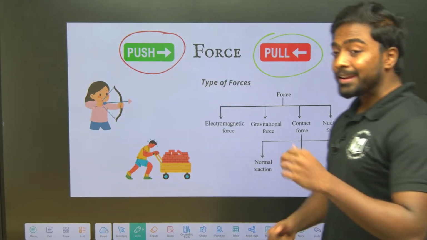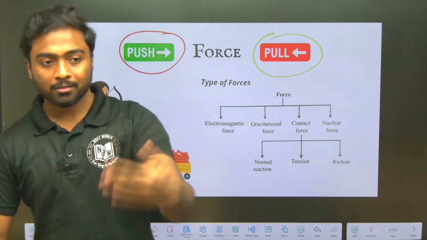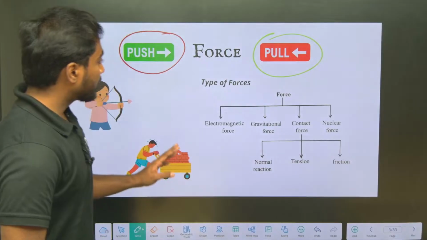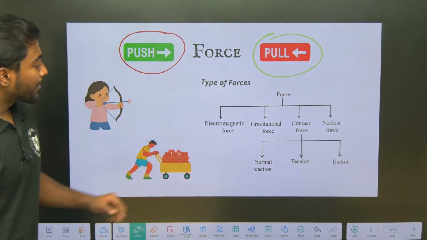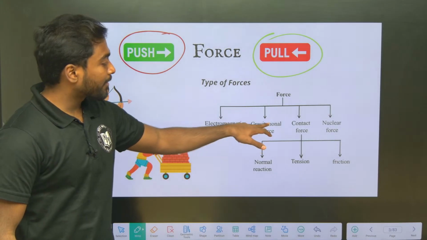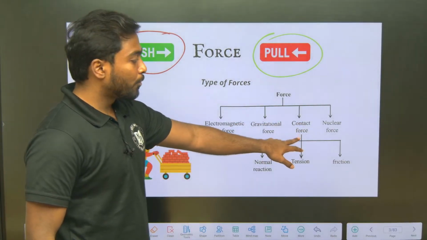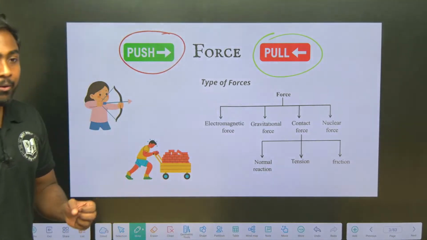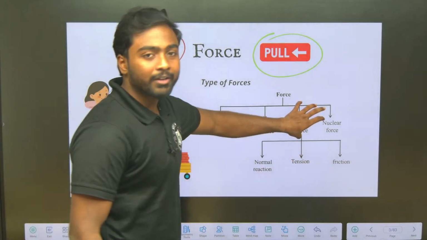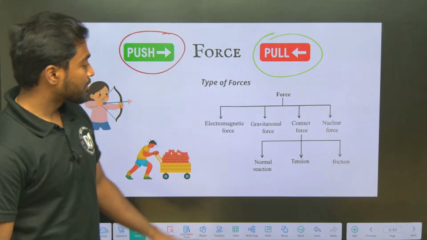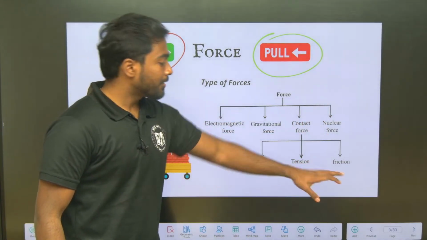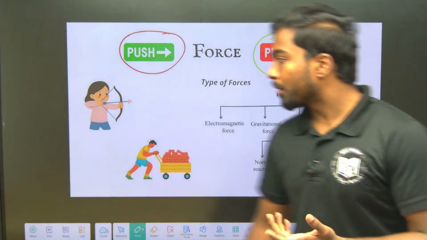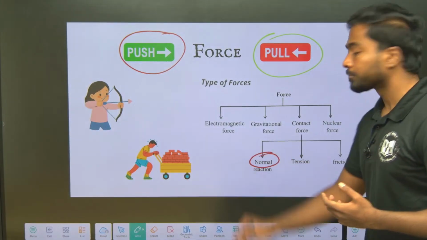In day to day life we have come across force. But what are the types of force? There are different types of force. One is electromagnetic force, next is gravitational force, contact force and nuclear force. Particularly in this lesson we will discuss the contact forces, which are normal reaction, tension and friction. Normal means perpendicular.